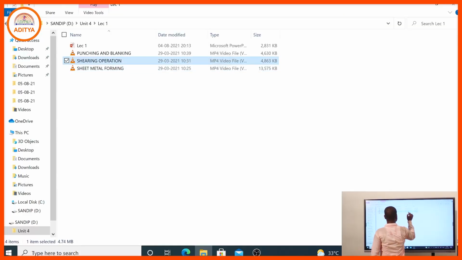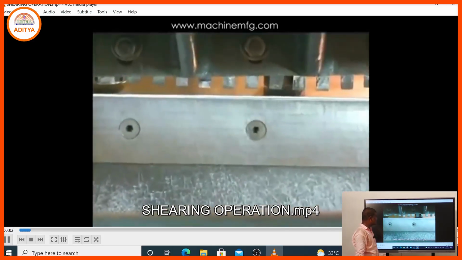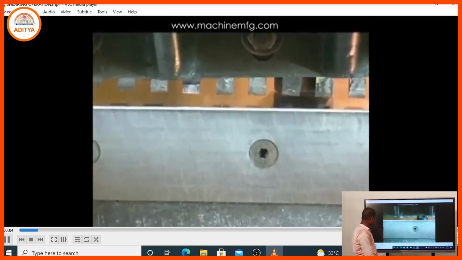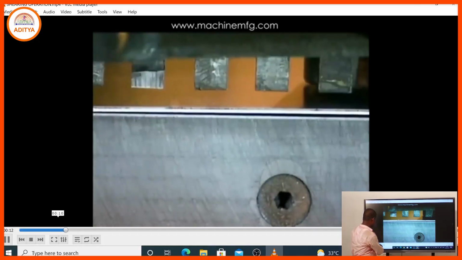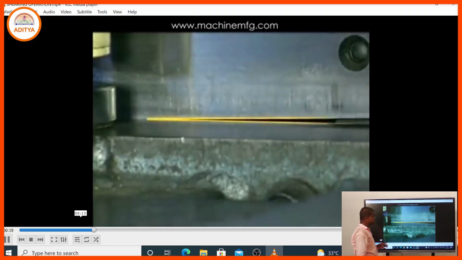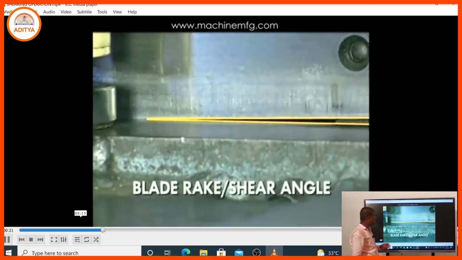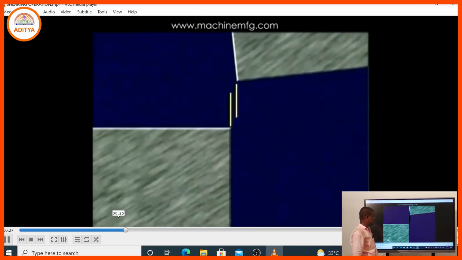Now we are coming to the shearing operation. In shearing, the sheet metal is cut by the upper blade. We also use scissors for shearing operations; using scissors we cut some metals.